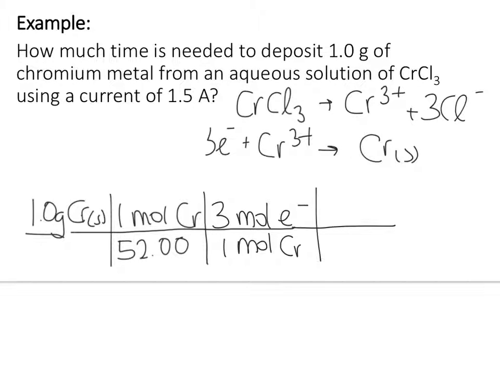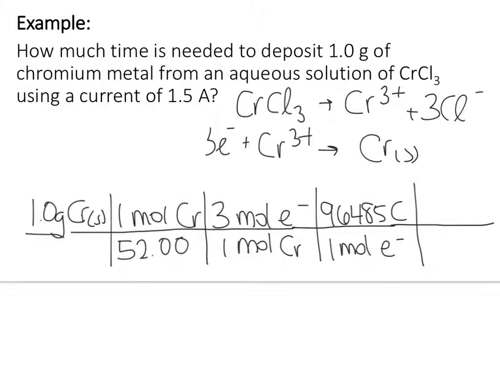All right, once we're in electrons, we can go to coulombs, and then from coulombs go to time. So that means 1 mole of electrons is 96,485 coulombs. We're almost done because we know that.